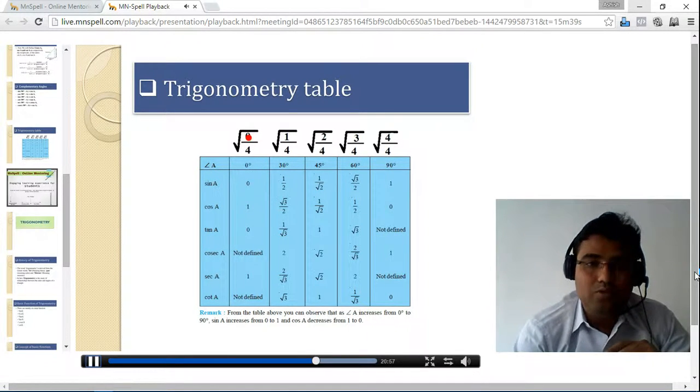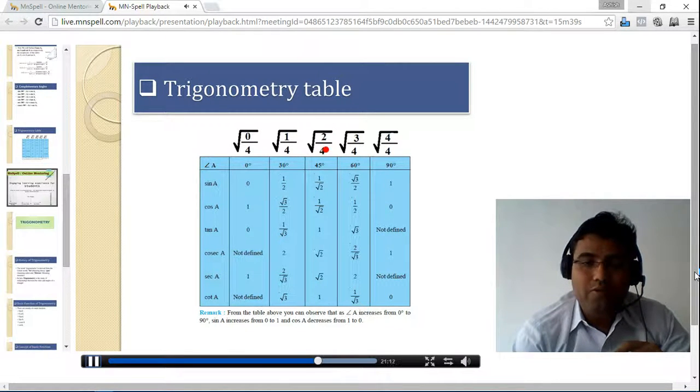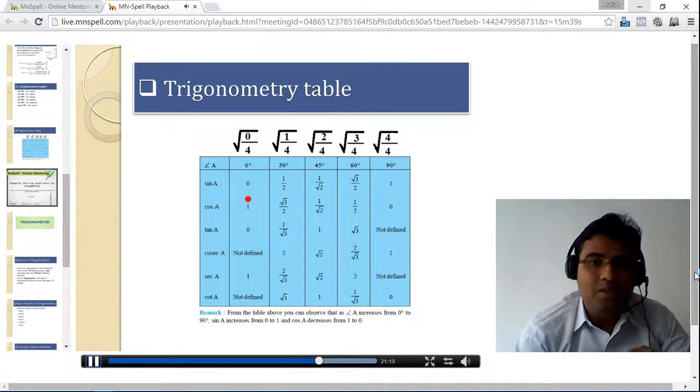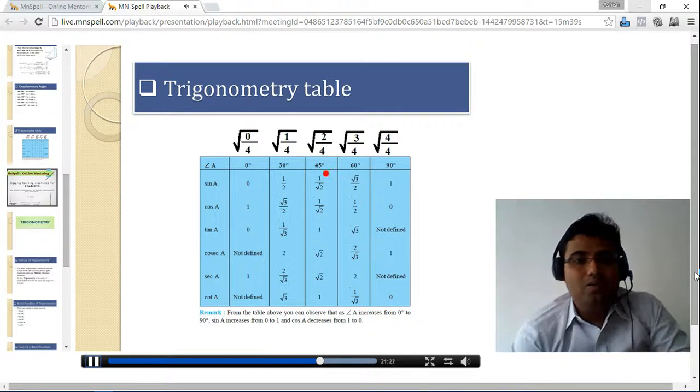Sine 0 is equal to root of 0 upon 4, which is 0. Then root of 1 upon 4 is 1 upon 2, so sine 30 is equal to 1 upon 2. Root 2 upon 4 gives 1 upon root 2, so sine 45 is equal to 1 upon root 2.